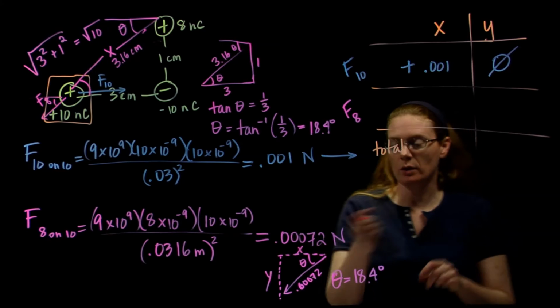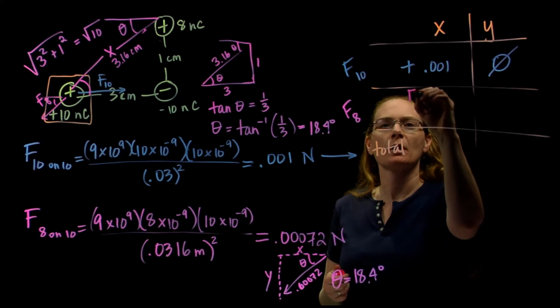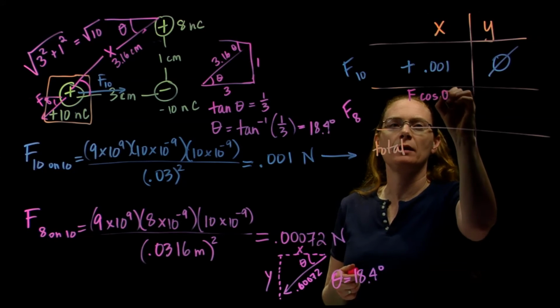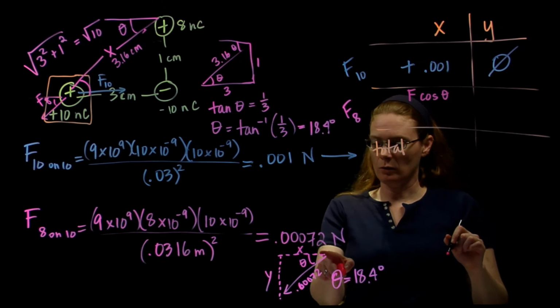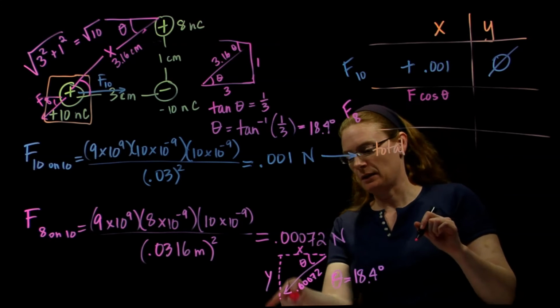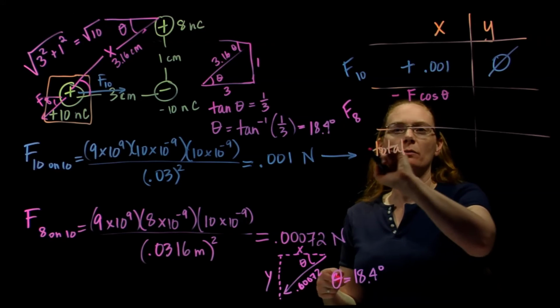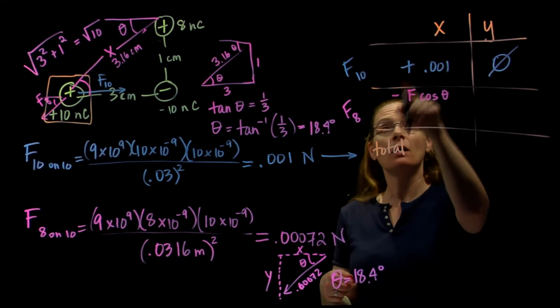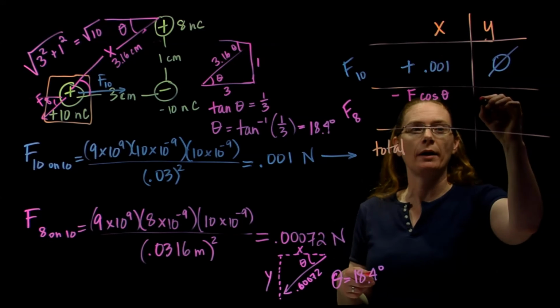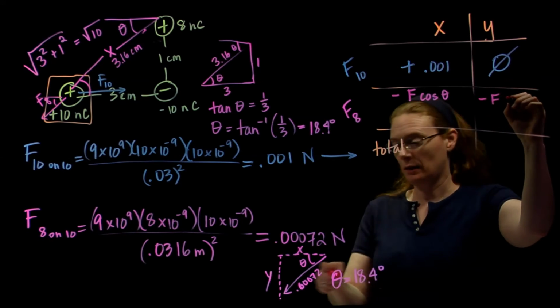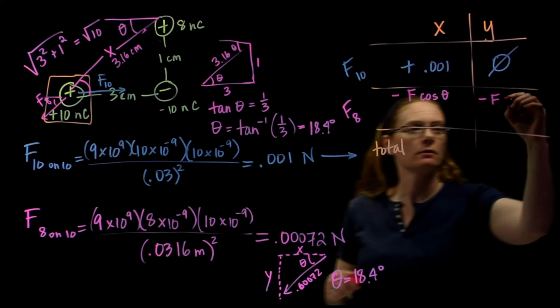So this is going to be my force times the cosine of the angle. And now I'm noting this is going to the left and down, negative. It's going to the left, so it's a negative x component, negative horizontal. And y is also negative, and this is the opposite of the angle, F sine theta.